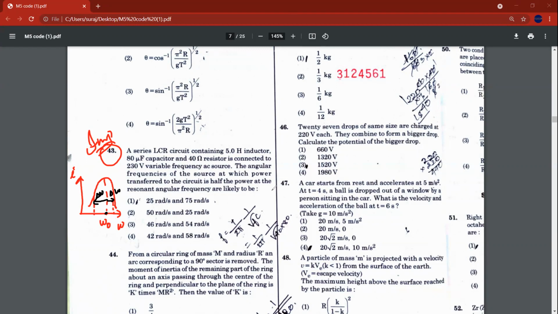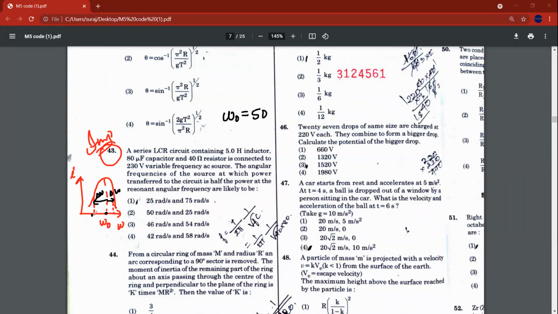Now omega naught, if you solve, 1 by root over LC. Okay, if you solve for omega naught, which is the resonating frequency, you will get 50.